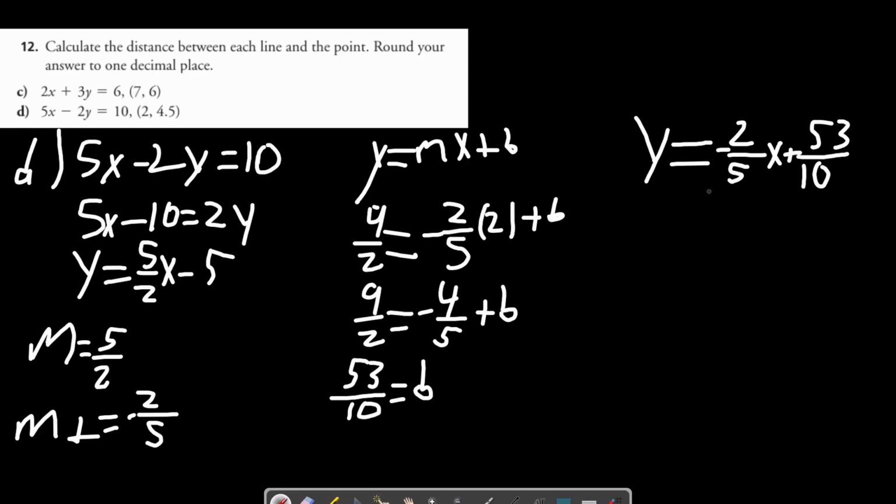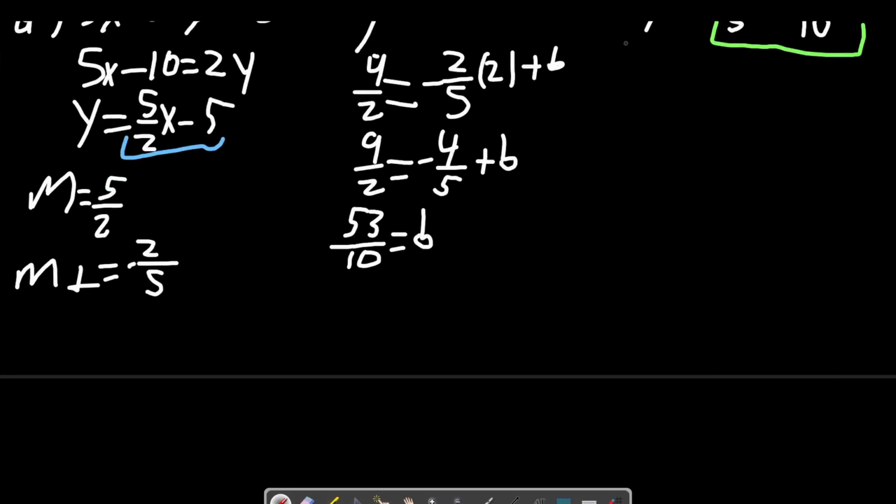Okay, so from here we're either going to do elimination or substitution. Last time I did elimination, so this time I'll do substitution. So we're going to simply plug in this part of the equation, and that is going to equal this part of the equation.